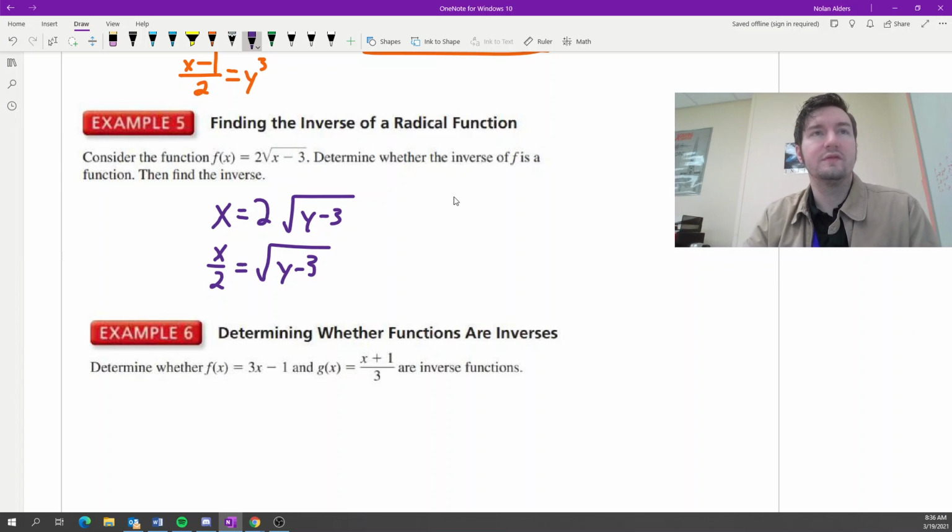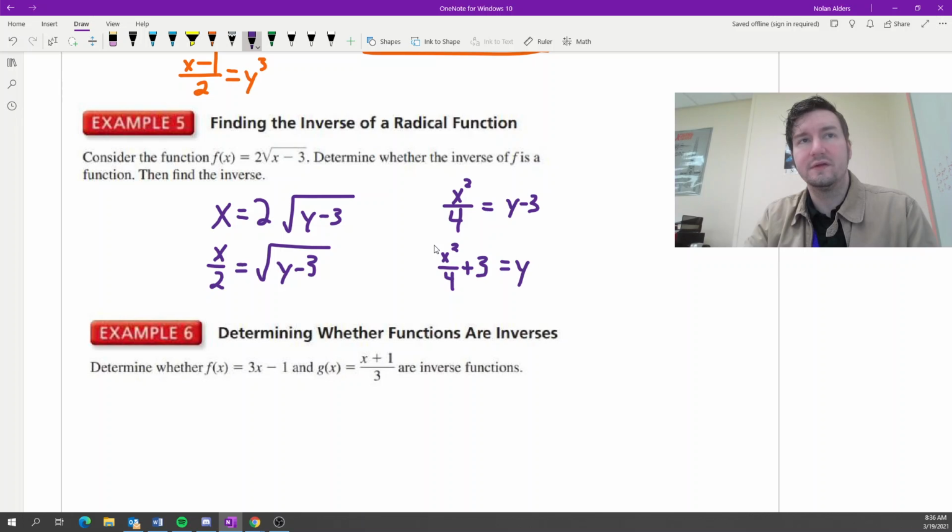So we'll have x squared over 2 squared, which is 4, equals y minus 3. We square the whole x over 2. That's how we got rid of that square root. And then we just add 3. So we'll have x squared over 4 plus 3 equals y. So here's our new inverse function.